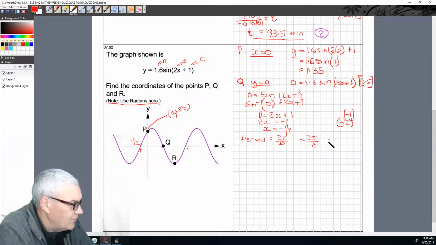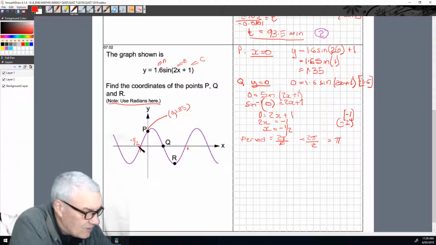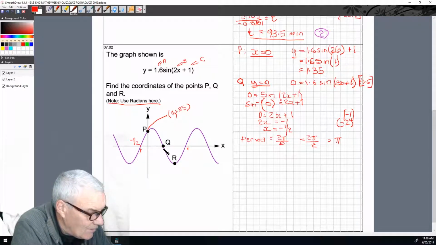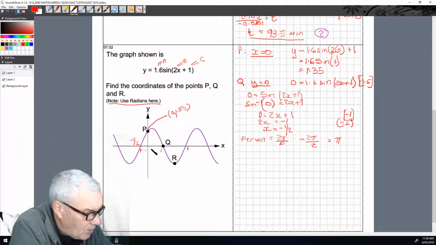So the period of this graph is pi. And that little piece in there, that's pi by 2.